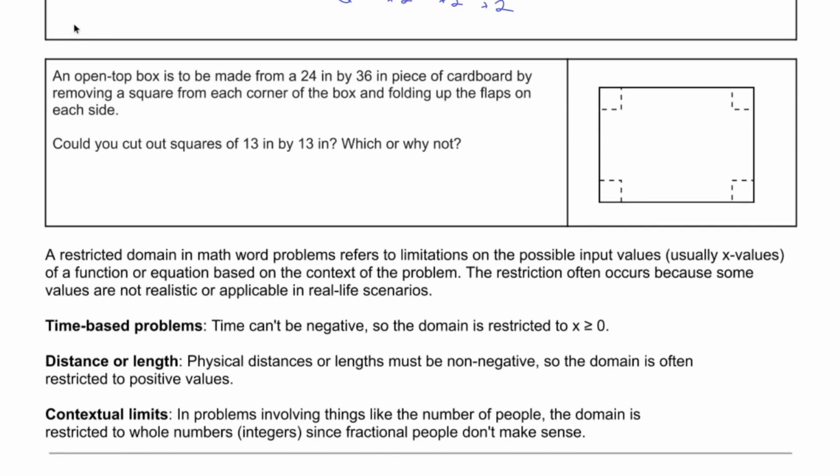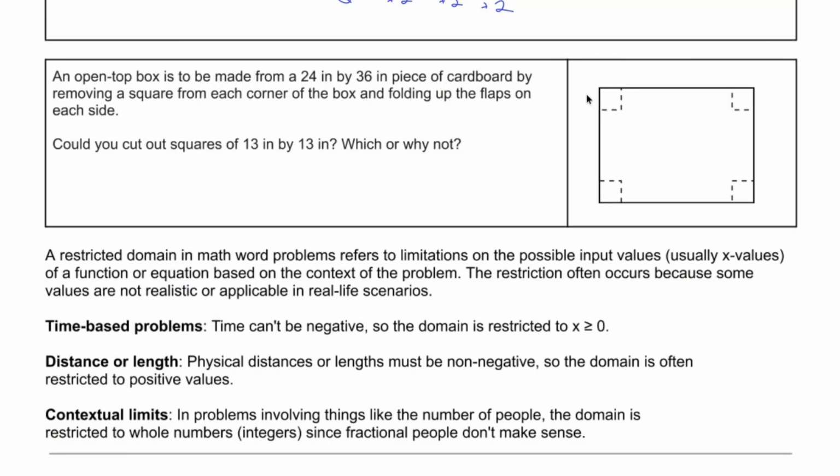In order to understand what we're dealing with, let's take an open box top, which is to be made from this piece of cardboard. You're going to remove this square, this square, and that square from it. An open top box is to be made from a 24 by 36 inch piece of cardboard by removing a square from each corner and folding up the flaps on each side.